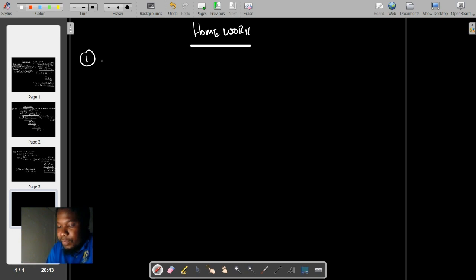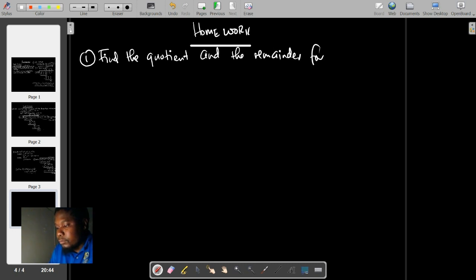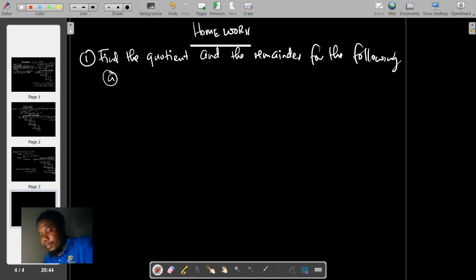Find the quotient and the remainder for the following.